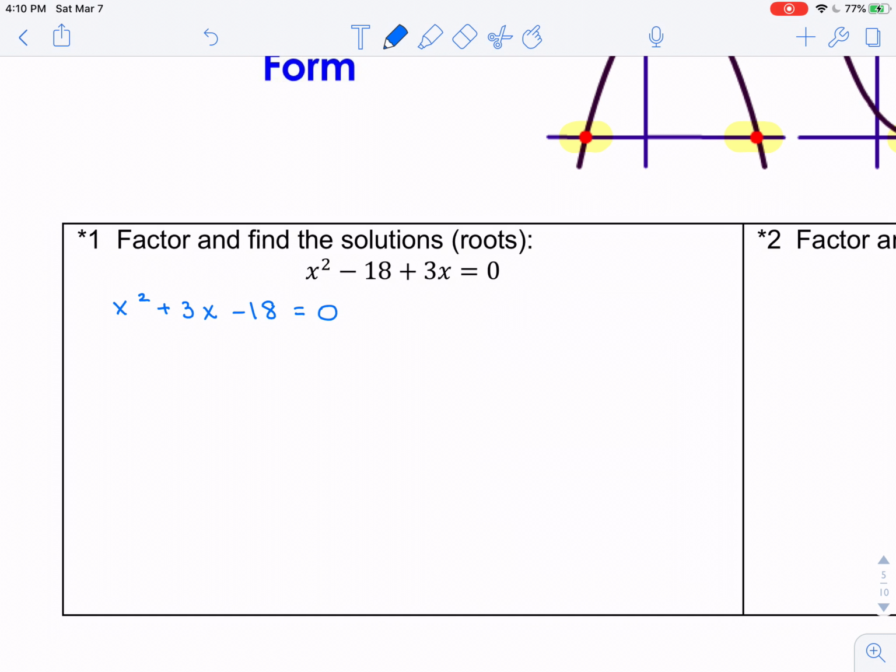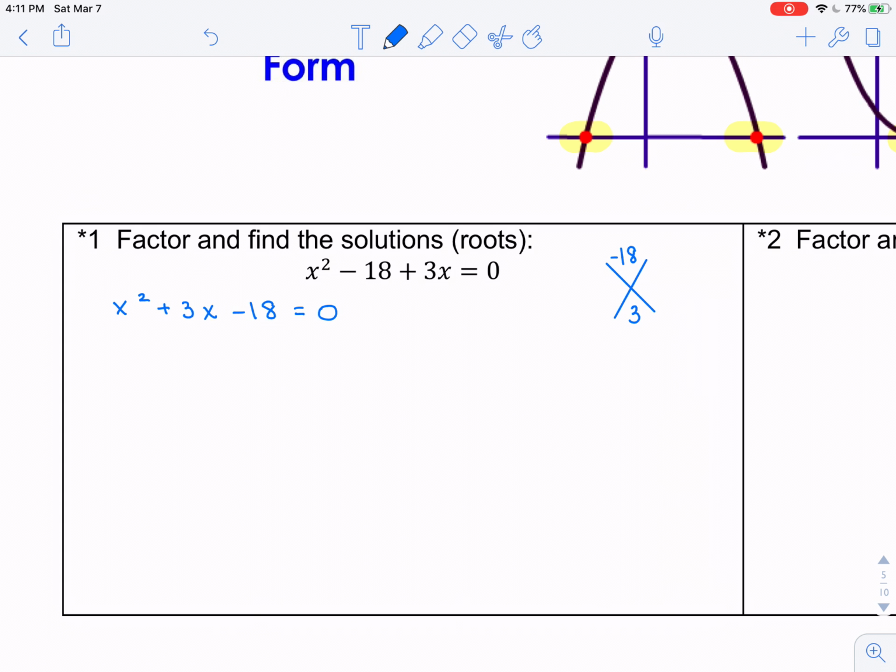And then next we need to factor. And for those who are wanting to use the little diamond method off to the side, I'll get you started on that. Recall that up top we would put our c value, that is negative 18. In the bottom slot we put the positive 3, that's the b value. And we come up with two factors that will multiply to get to negative 18, and they will either add or subtract to get to the 3.